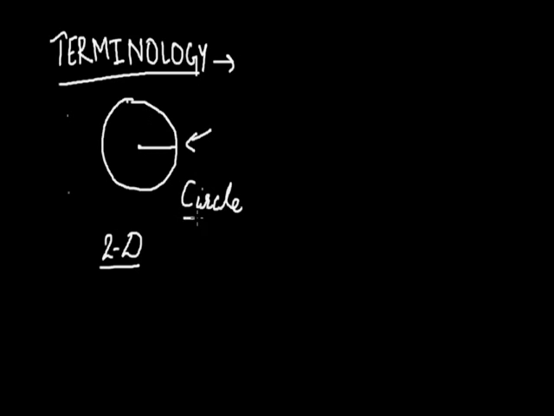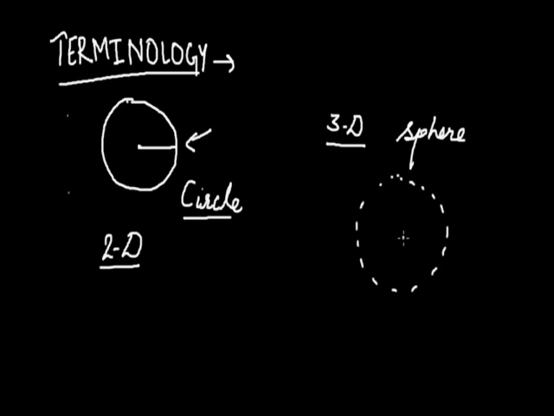Similarly, in 3D geometry, if we define the sphere, we will say that it is the locus of a point which remains at a fixed distance from a fixed point in 3D space.